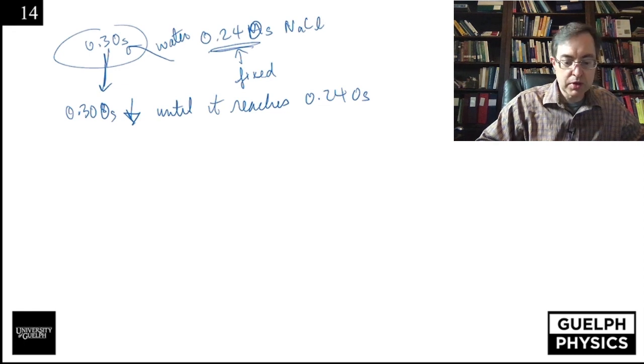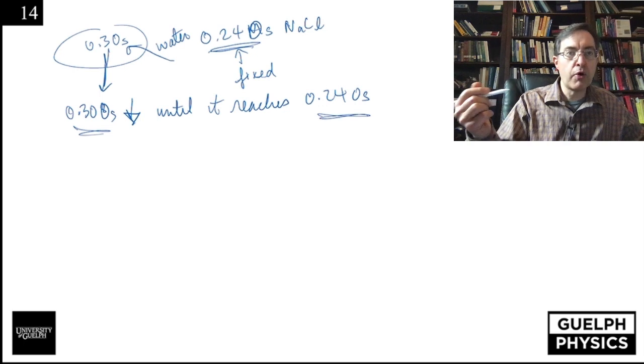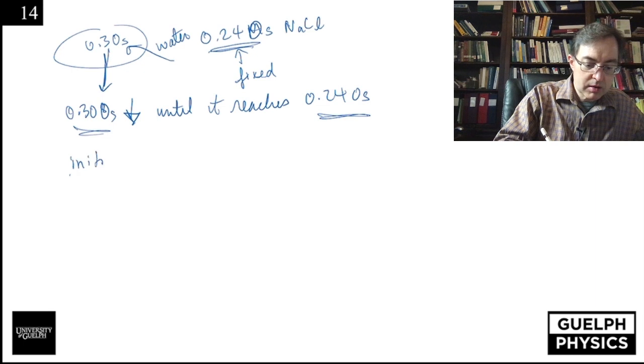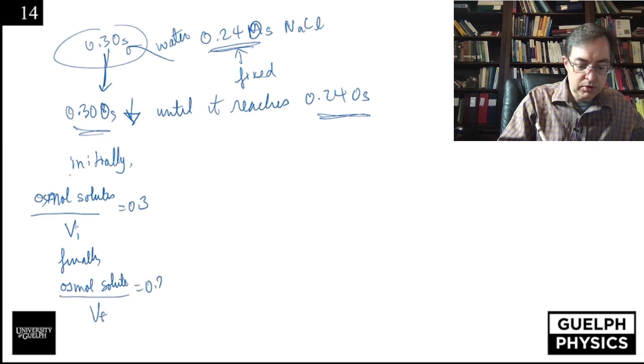And so you can calculate then the volume change from just this change in osmolarity, because the osmolarity is the number of moles per unit volume. And so therefore initially, you have the osmoles of solute divided by the initial volume is equal to 0.3. And then finally, you have the same number of osmoles of solute divided by the final volume is equal to 0.24.